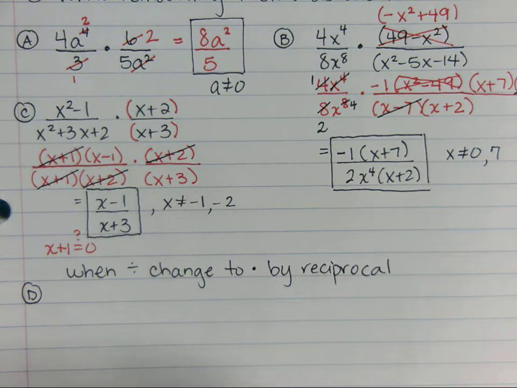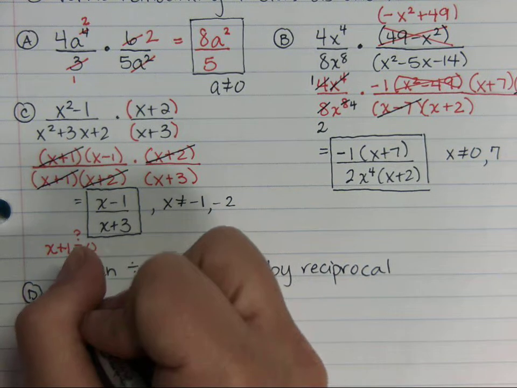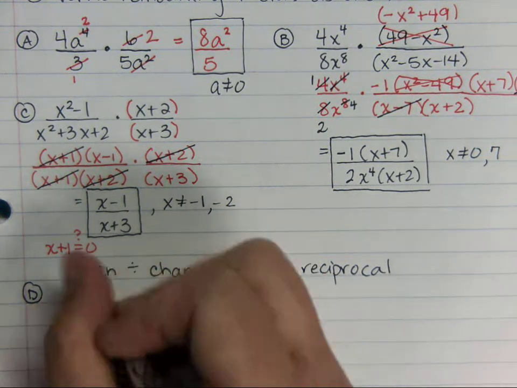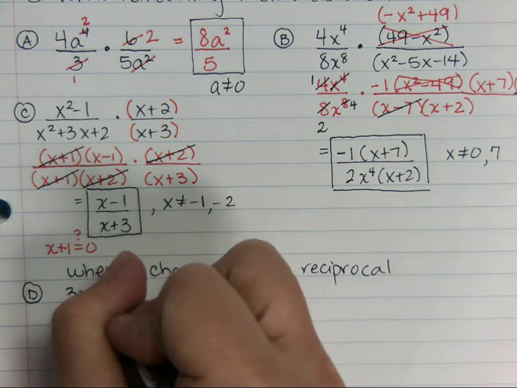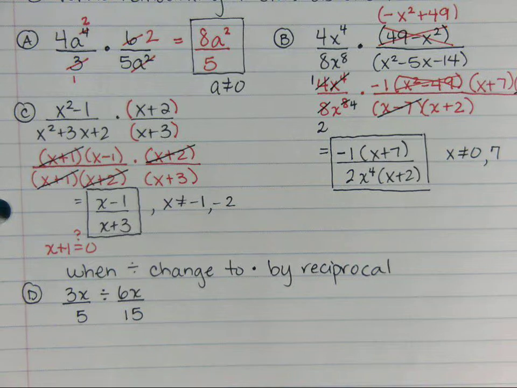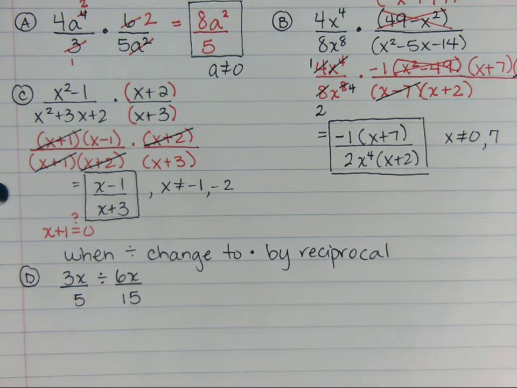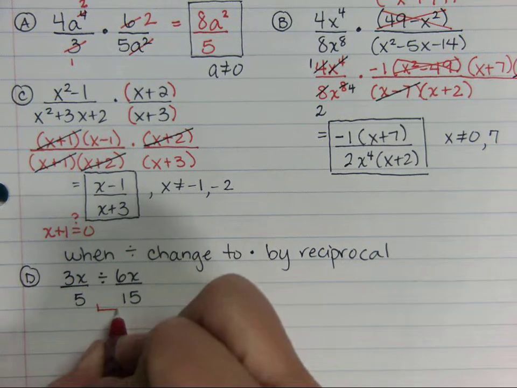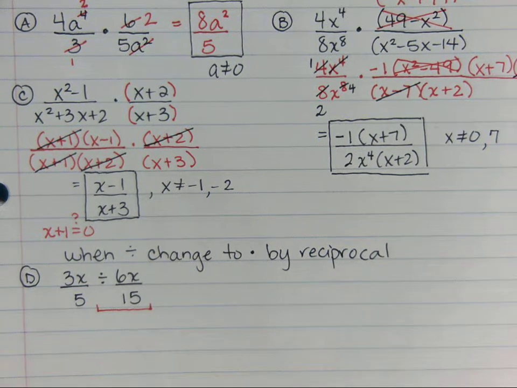For example, 3x over 5 divided by 6x over 15. You are not allowed to just start canceling factors when you're across division. So the first thing you have to do is change the division of the right-hand fraction into multiplying by the reciprocal.